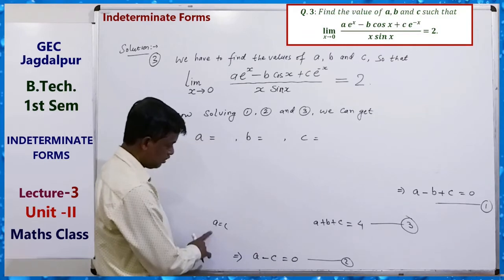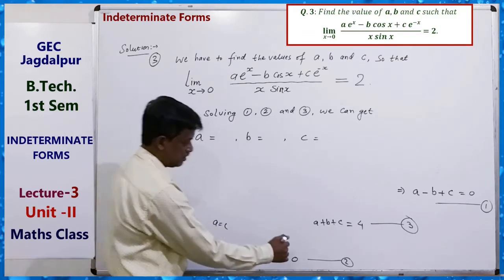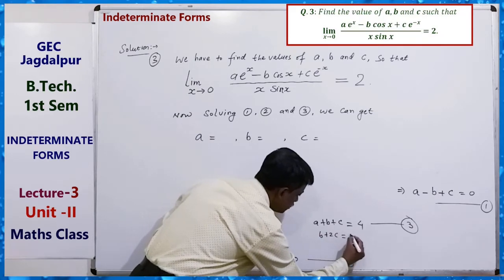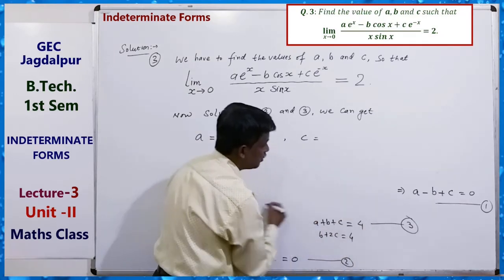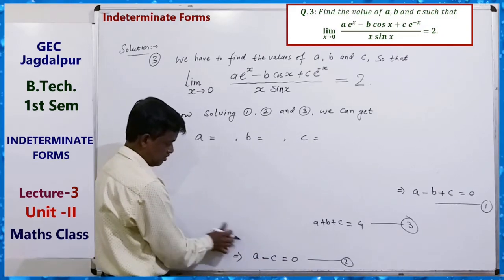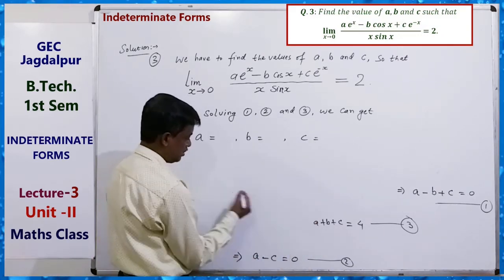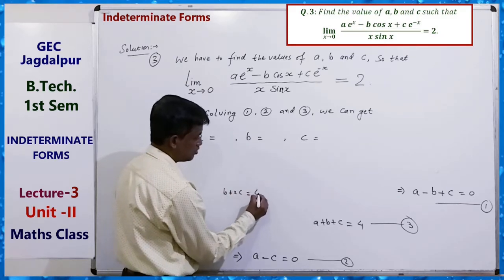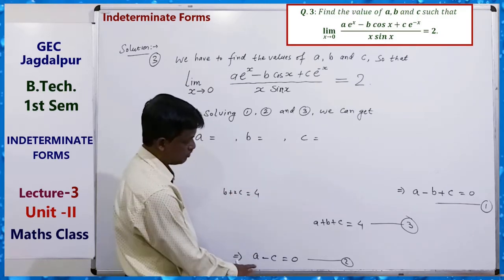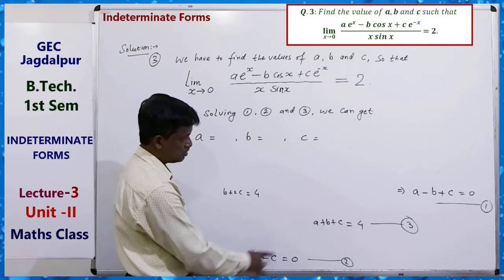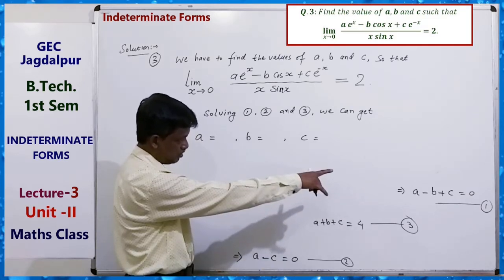Okay. So a equals to c, put here. So a equals to c means b plus 2c equals to 4. Also from here, just put a equals to c there.